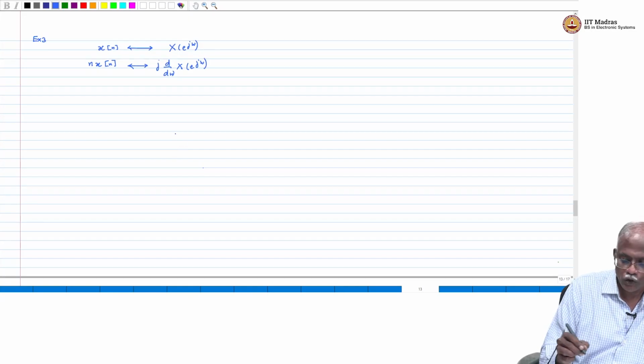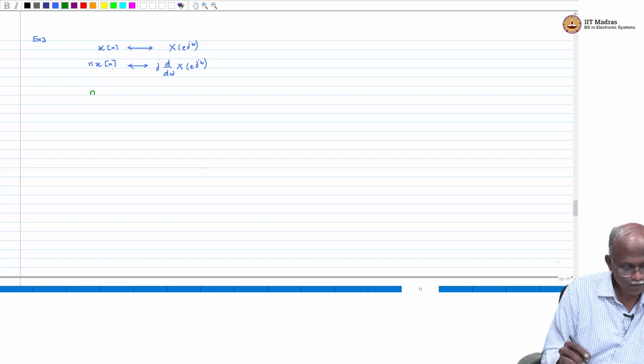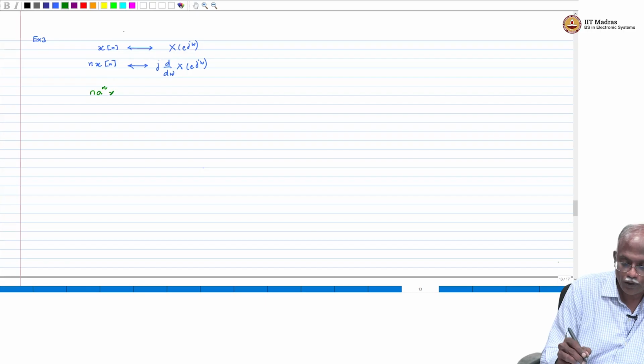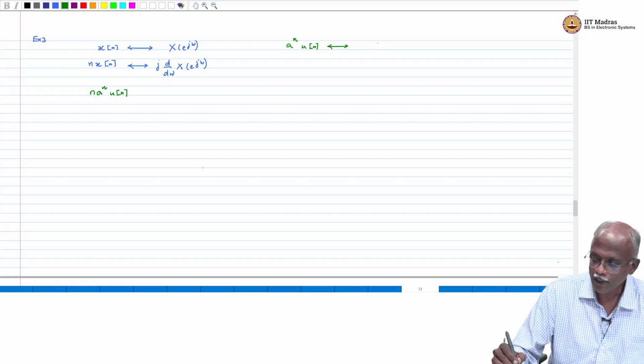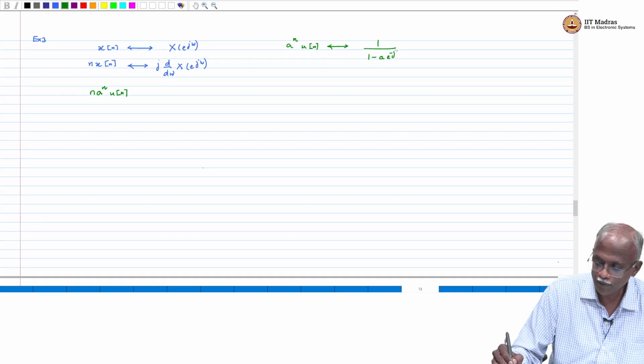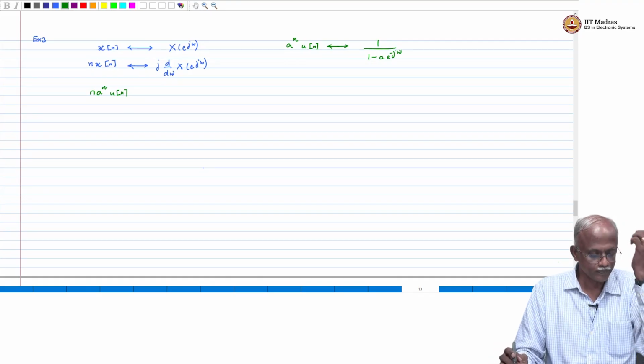So, if I want to find the discrete time Fourier transform of n times a power n u of n, we have just computed that a power n u of n has a discrete time Fourier transform given by 1 over 1 minus a e power minus j omega.